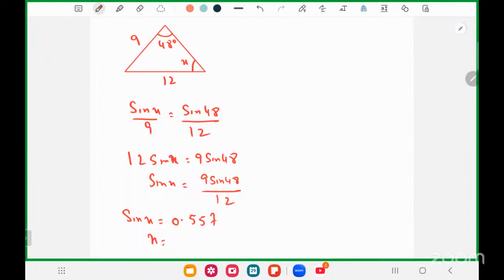X is sine inverse of answer, that is 33.9 degrees. I hope this is clear.